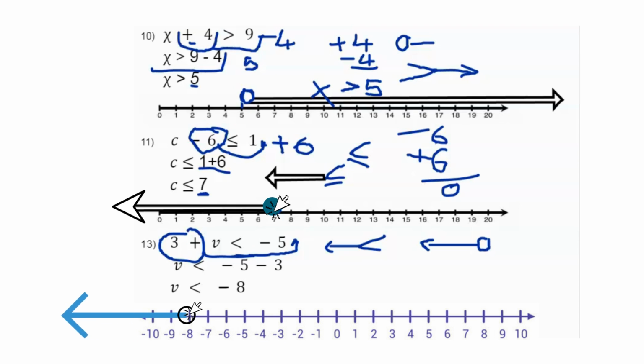So let's do it. In order to turn this positive 3 into 0, you have to subtract 3 minus 3. When you subtract it here, it's going to give you 0.